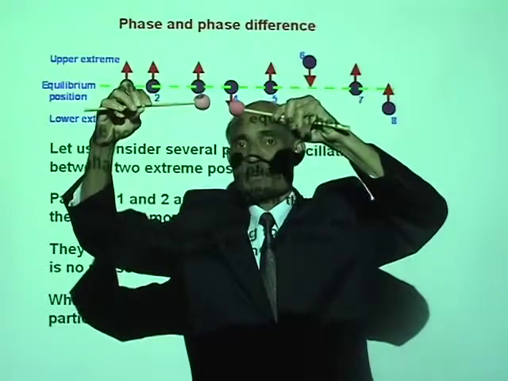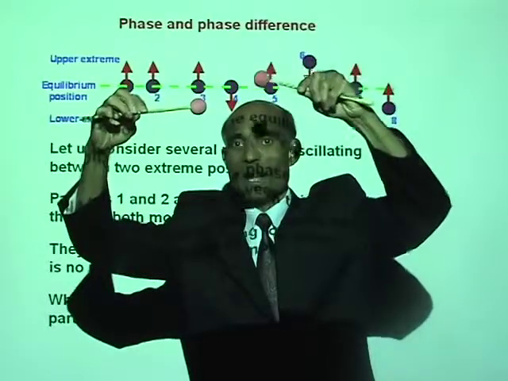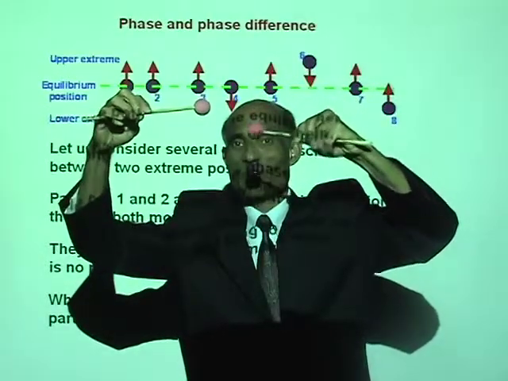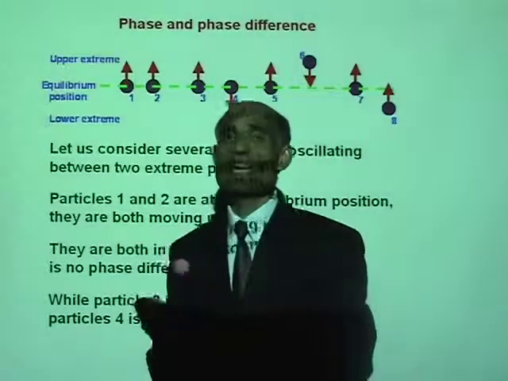Now that means the right hand particle has actually completed the up and down motion. It is now beginning to go down. I want you to watch this very carefully.